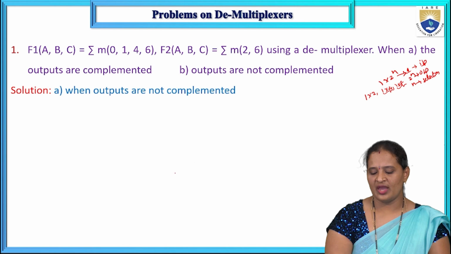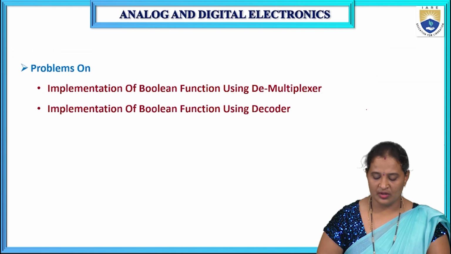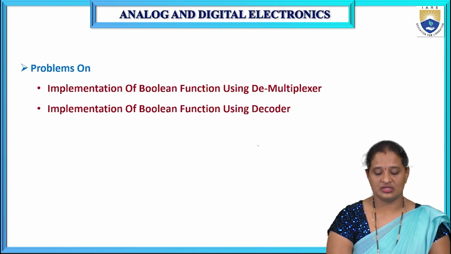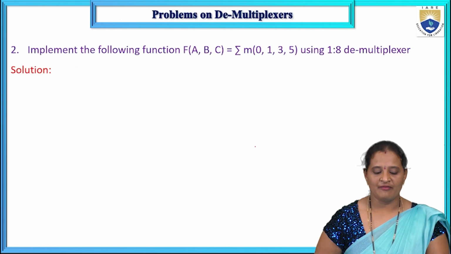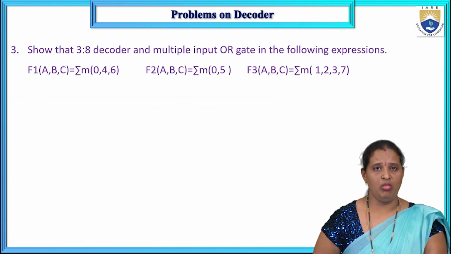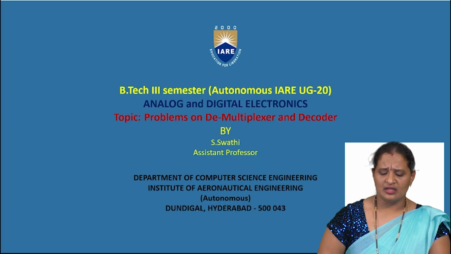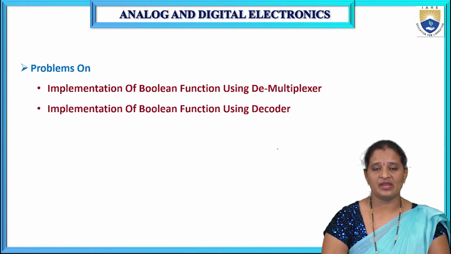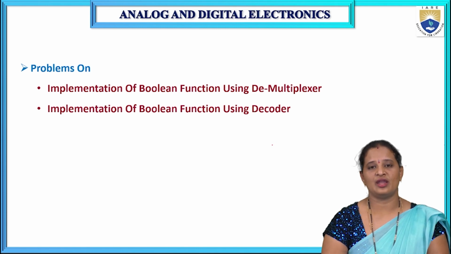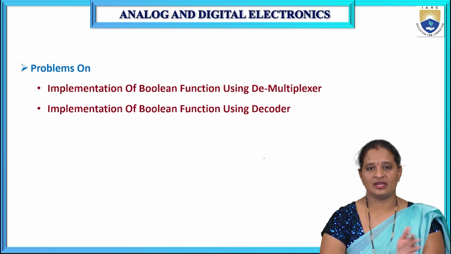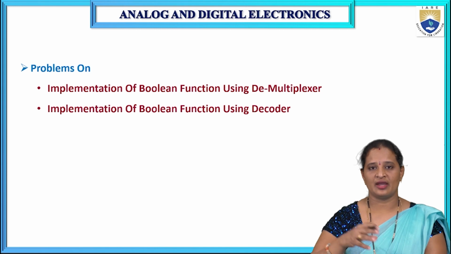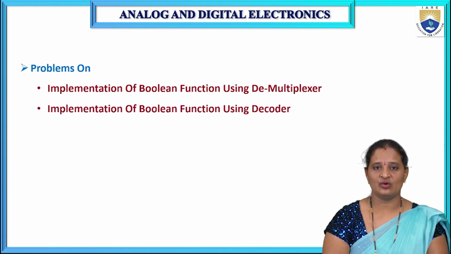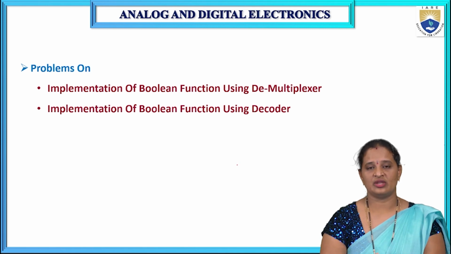Similarly, we have the decoder. What is a decoder? A decoder is also a combinational logic circuit, mainly used to convert the given binary data into decimal data, whereas an encoder converts decimal data into binary codes. The decoder performs the operation reverse to the encoder.